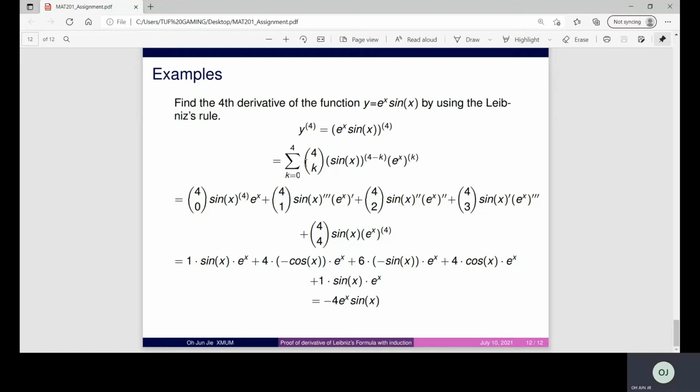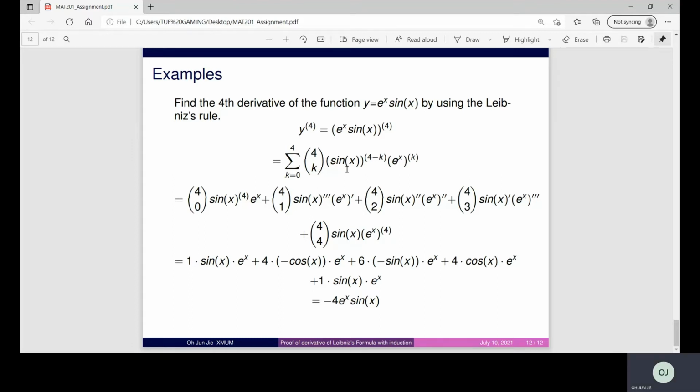The binomial 4 to k goes from the binomial 4 to 0 up to the binomial 4 to 4.